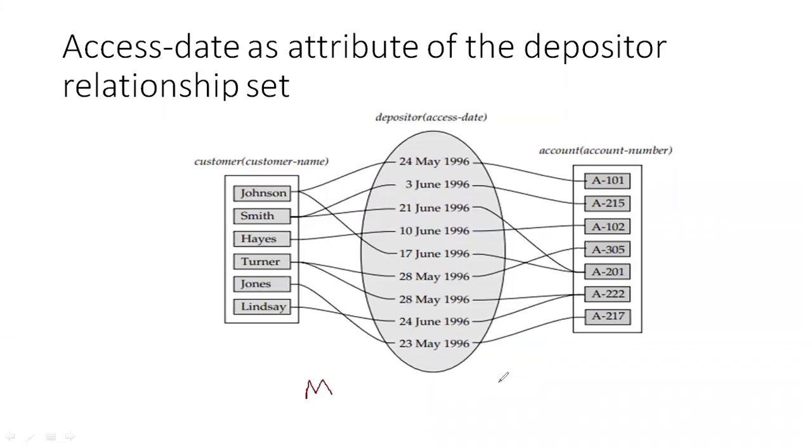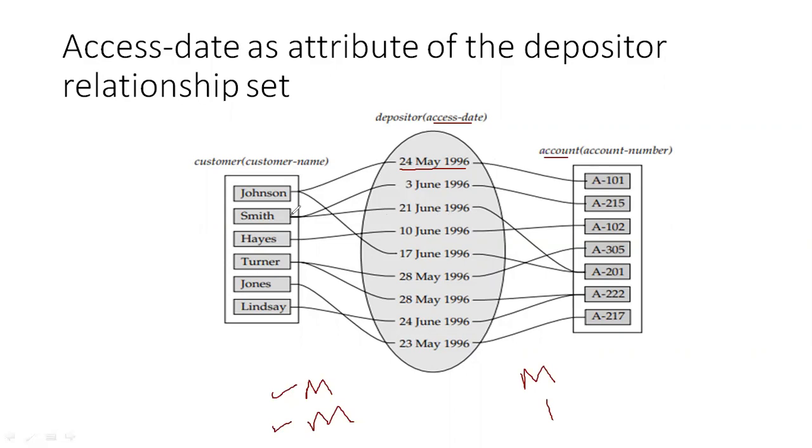As we just discussed, one-to-one and one-to-many are possible. But what if many-to-many and many-to-one are there? At that time, the access date attribute cannot be given to the account because it will be very difficult to show that particular many-to-many and many-to-one relationship. Here you can see Johnson, the depositor, is accessing the account on 24th May 1996 and the account number is A101.